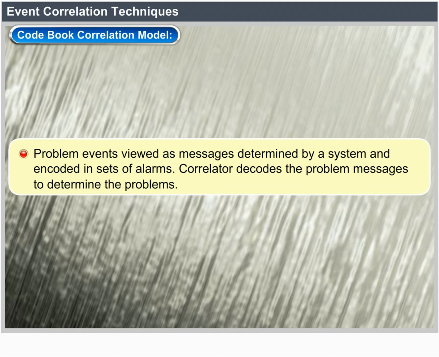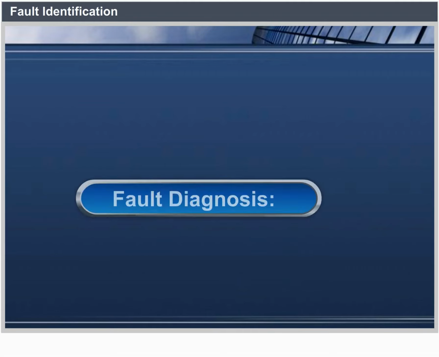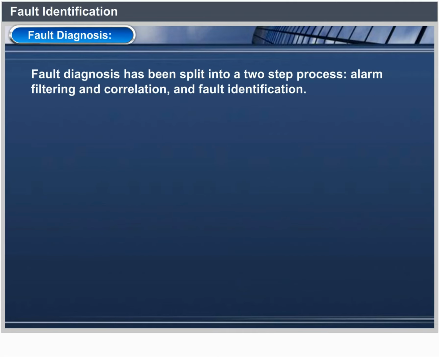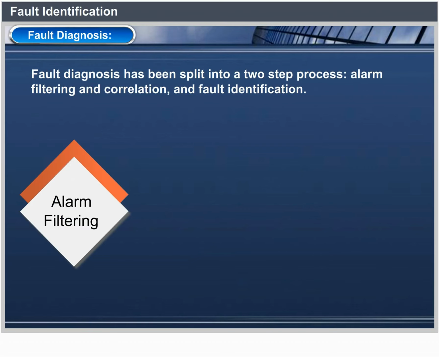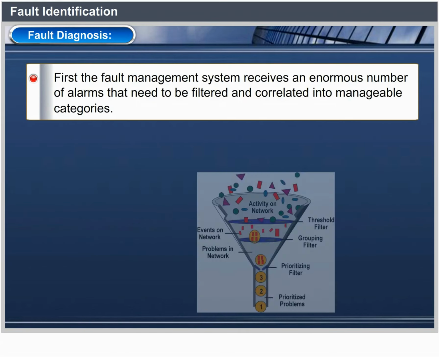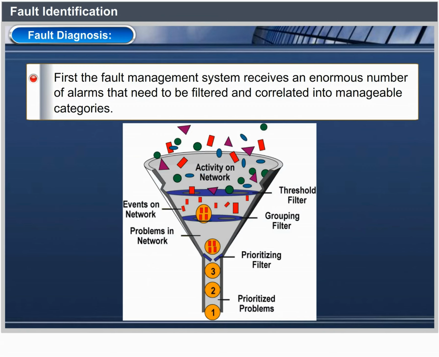Fault identification. Fault diagnosis. Fault diagnosis has been split into a two-step process: alarm filtering and correlation, and fault identification. First, the fault management system receives an enormous number of alarms that need to be filtered and correlated into manageable categories.